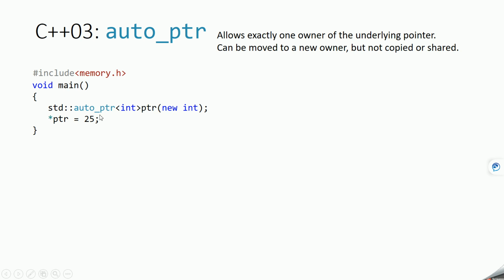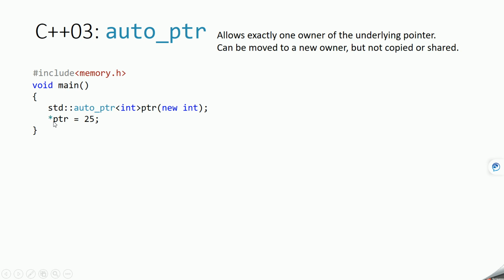Okay, so now to create a smart pointer, first we'll give this auto_ptr and then the data type, whether you can give float, character, any data type you want, and the name of the pointer and the memory using this new. And then using this dereferencing, we are assigning some value to the memory that this ptr is pointing to.